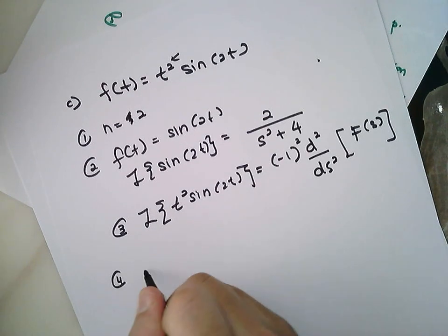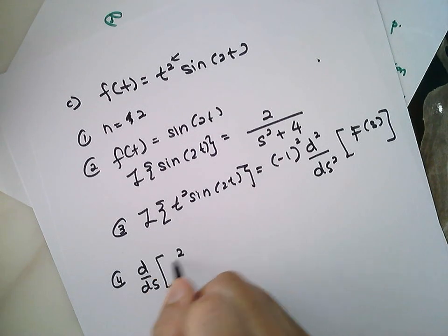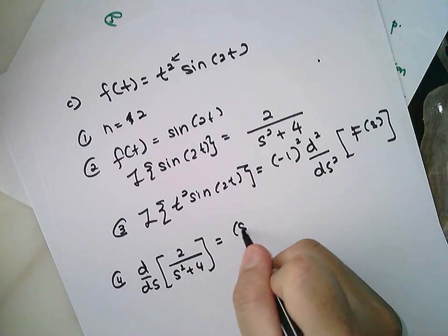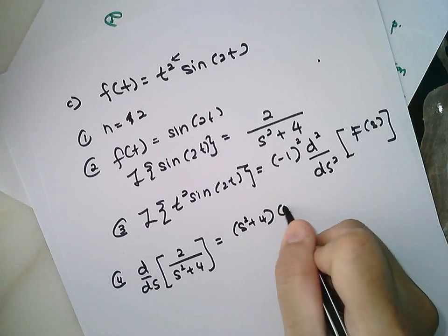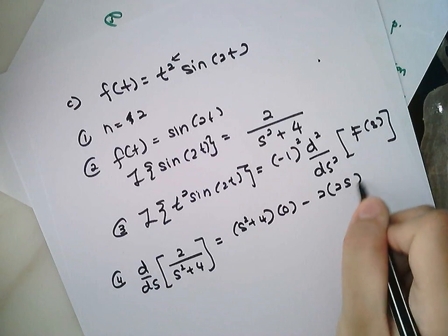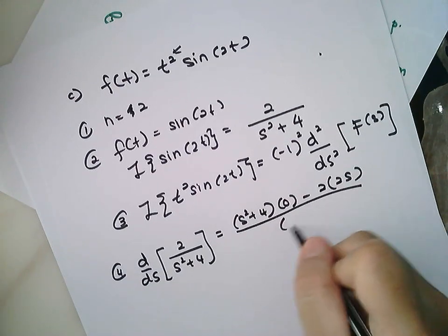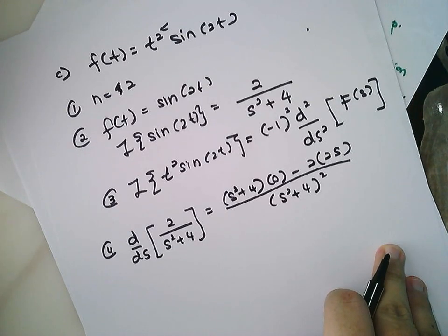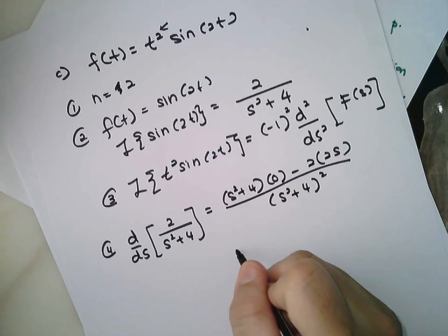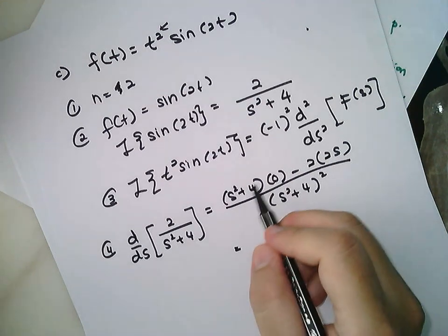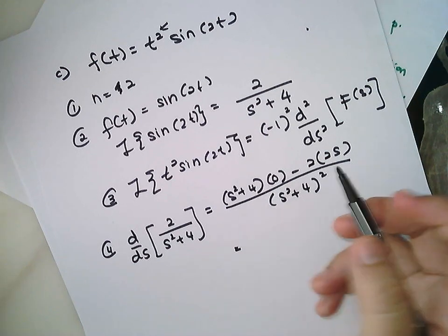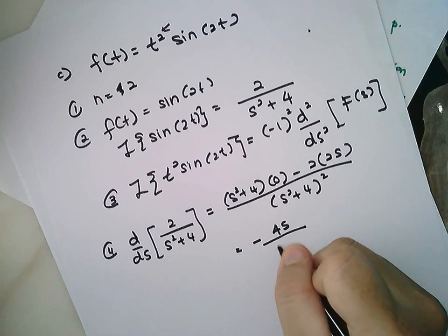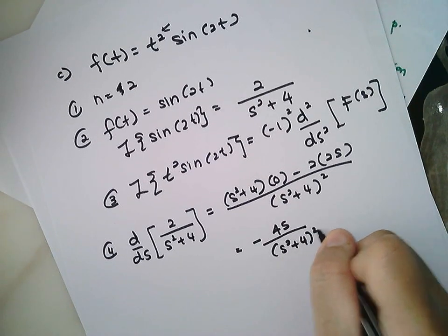So d/ds of 2 over s squared plus 4 will give you v u prime minus u v prime over v squared, s squared plus 4 the whole thing squared. Expand and simplify the numerator: since this one is 0, 0 times this function gives 0. So you will end up with negative 4s over s squared plus 4 squared.